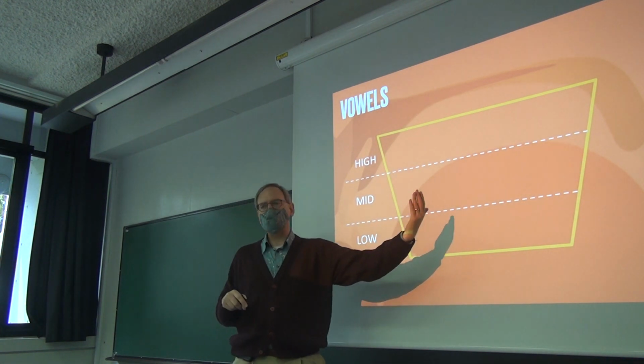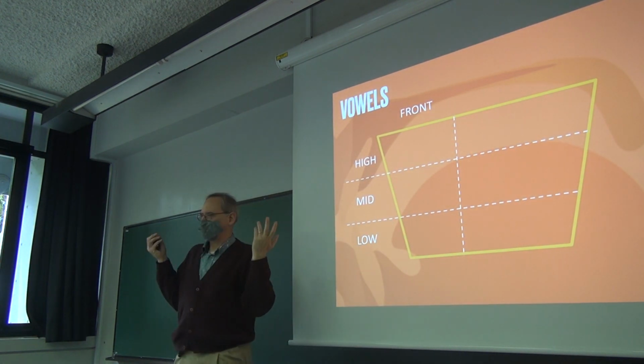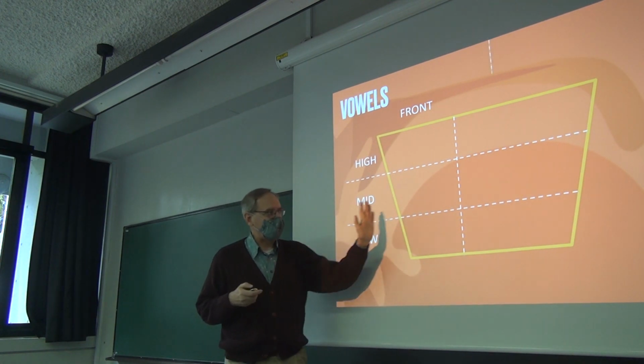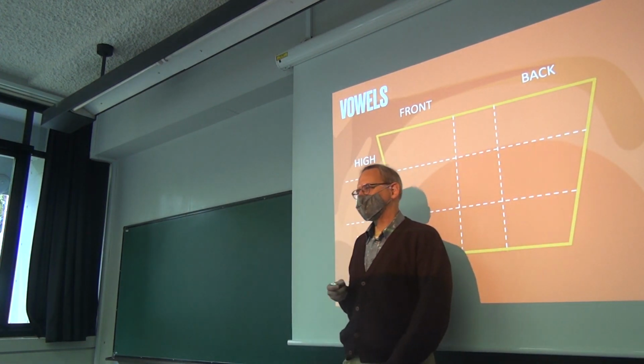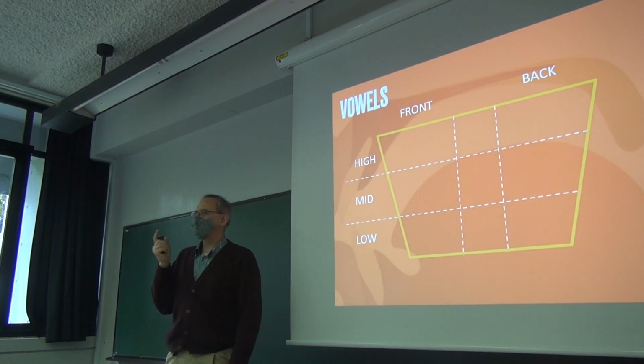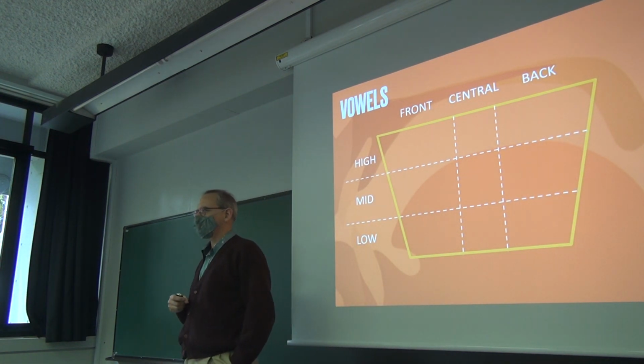If the tongue is pushed towards the front of the mouth, we'll refer to them simply as front vowels. If it's pulled back, we'll refer to them as back vowels. And if it's neither pushed forward nor pulled back, we'll refer to them as central vowels.